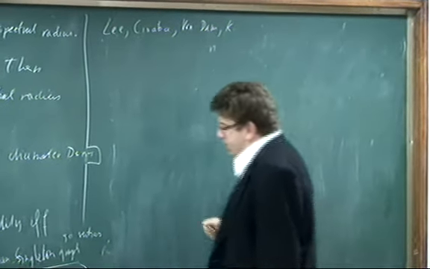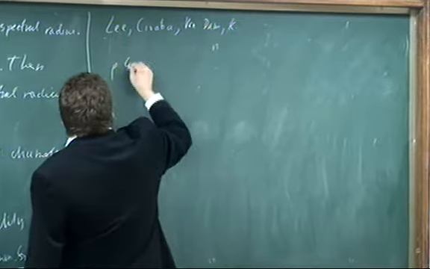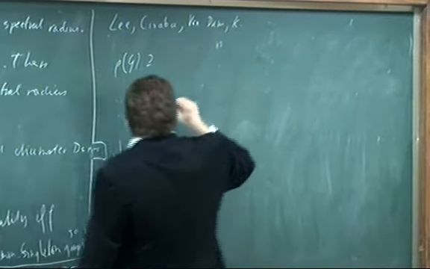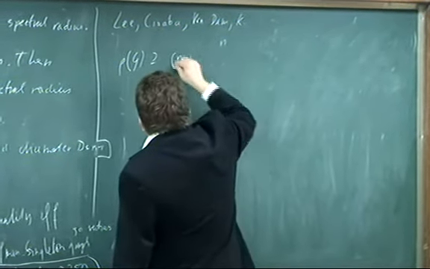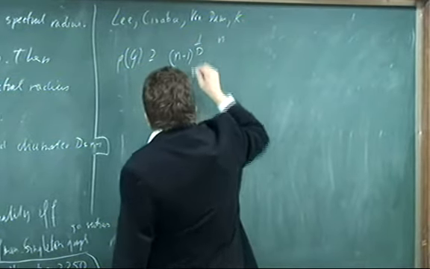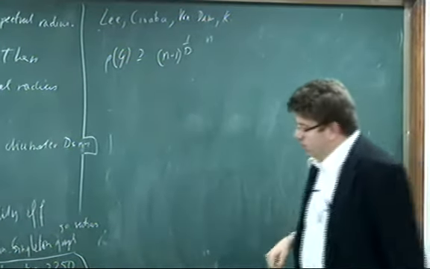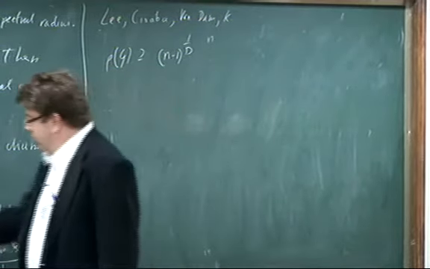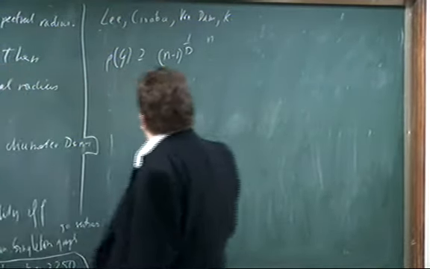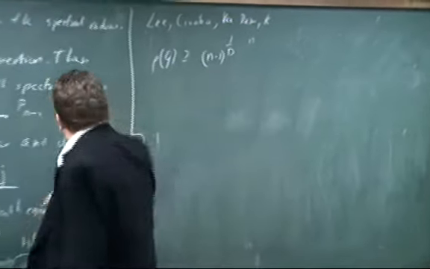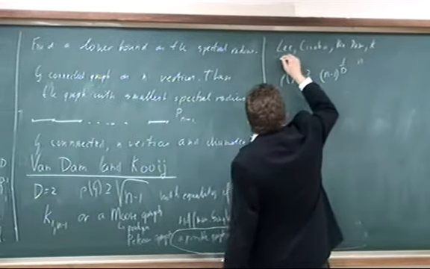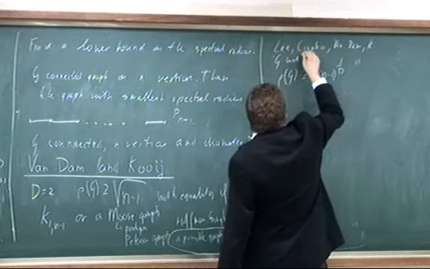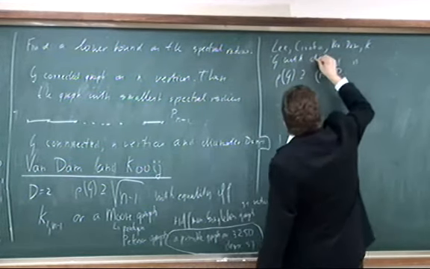What we showed is that rho of G is at least (n minus 1) to the power 1 over d. So you change the half here to 1 over d. So for d is 2. It's a spectral radius, with diameter d.